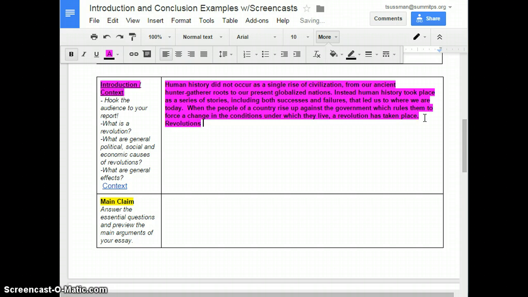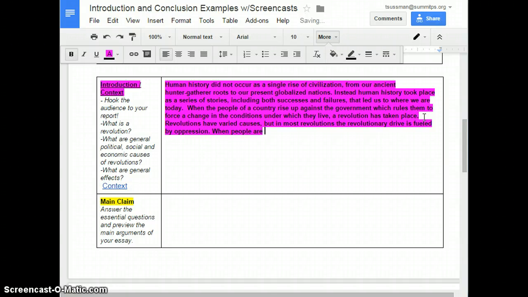Revolutions have varied causes, but in most revolutions, the initial, or let's say the revolutionary drive is fueled by oppression.